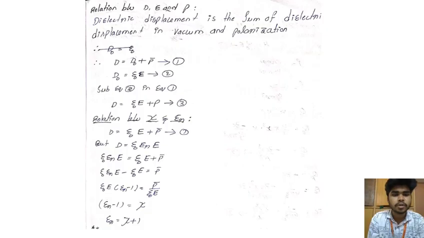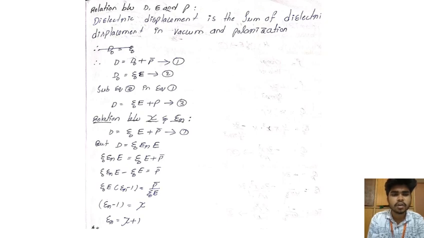Now I will show you the relation between D, E and P. As we know, D is the electric displacement, E is the electric field and P is the polarization density. This is written from my notes, so let me explain this. Electric displacement is the sum of displacement in vacuum and polarization.